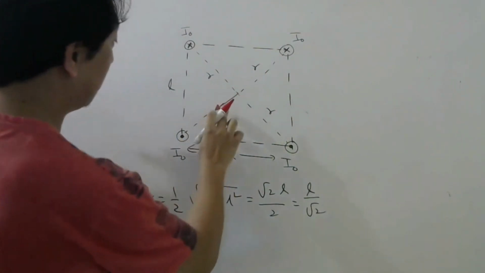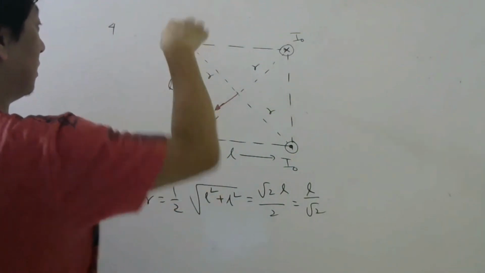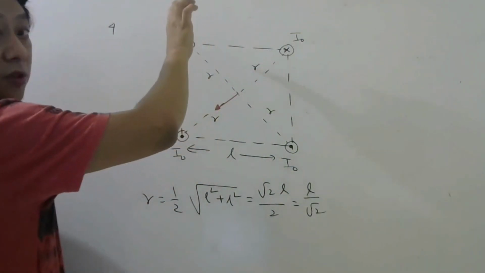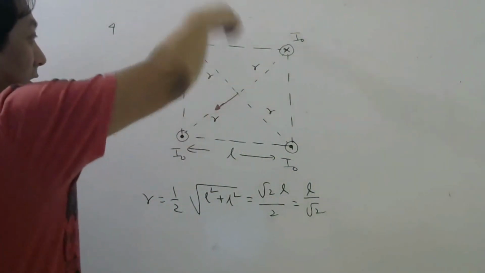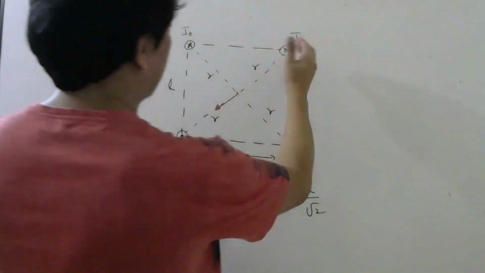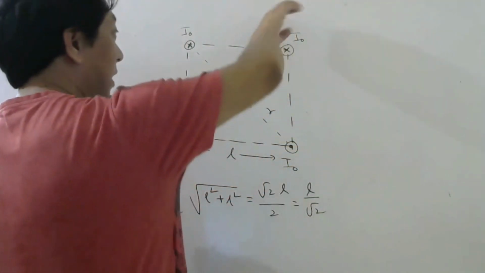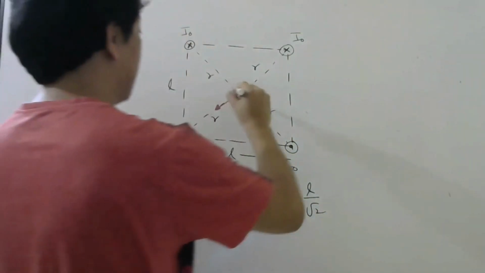So this is the magnetic field due to this. Cross means it is into, right? Into means you put your thumb like this, and the curl of the fingers gives the magnetic field. So here it will be like this. Similarly, due to this, it is into, so it will be like this.